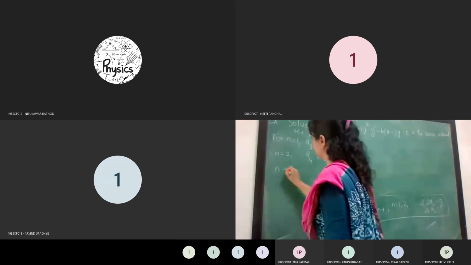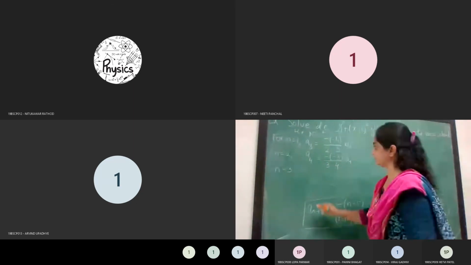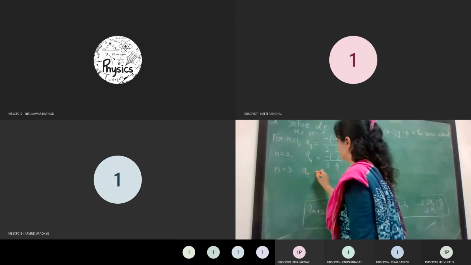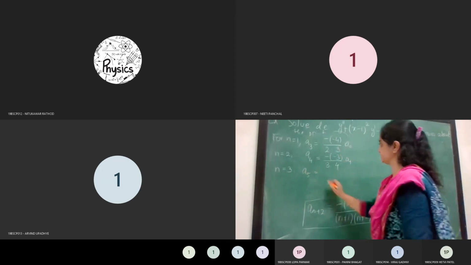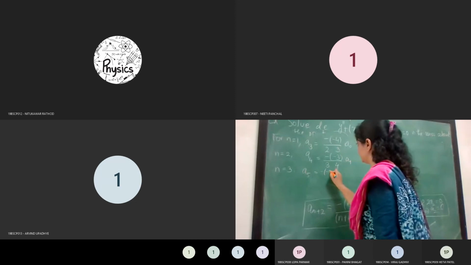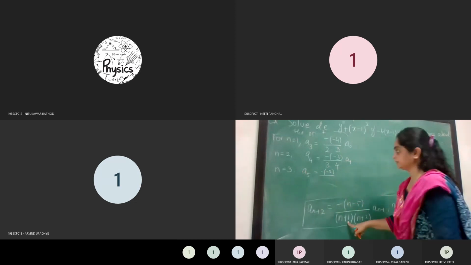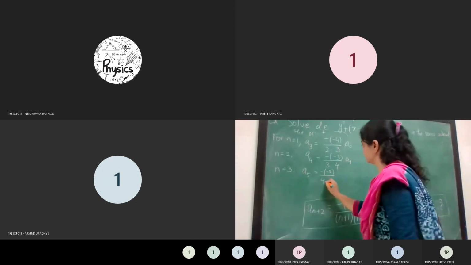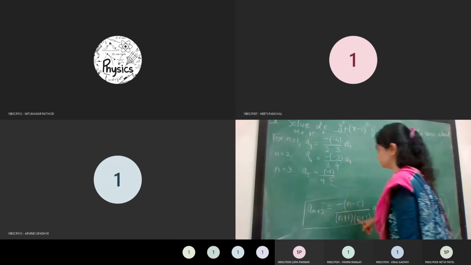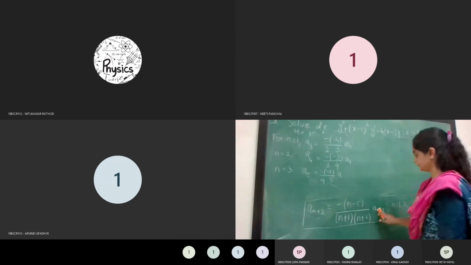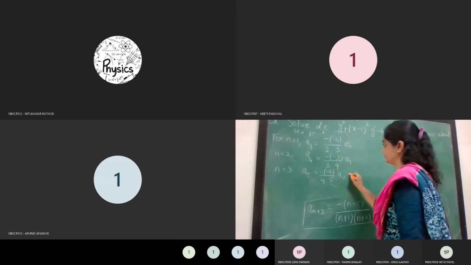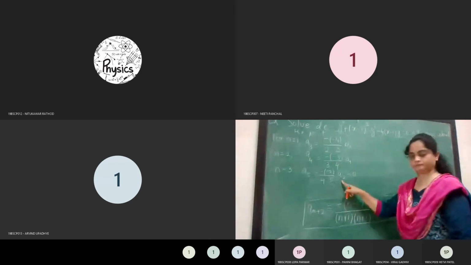For n is equal to 3, this will become a5. a5 is equal to 3 minus 5, that is minus 2. So minus of minus 2 upon 3 plus 1, 4 into 3 plus 2, 5 into a 3 minus 1, a2, but a2 is 0.